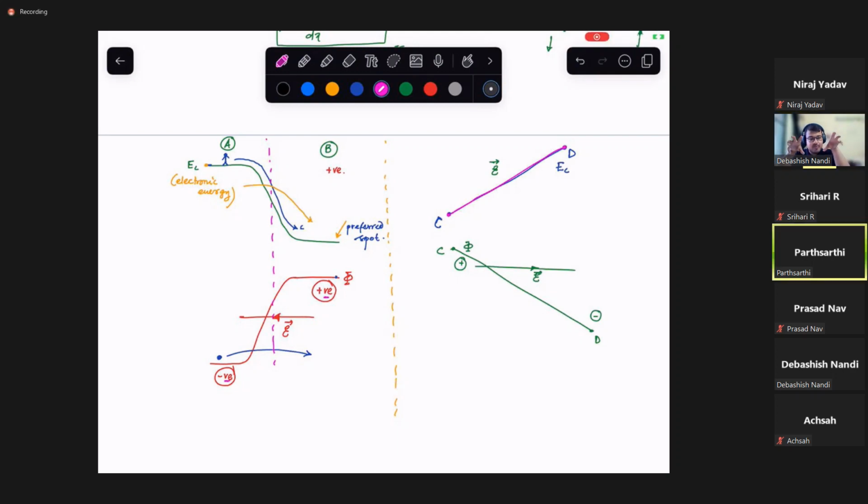I have given you this band diagram. If I know the band diagram or electronic energy, I can automatically draw this.